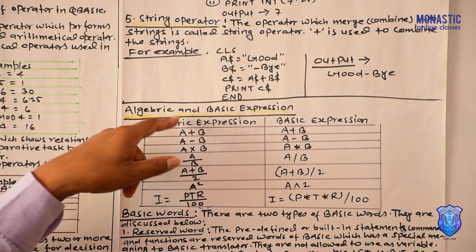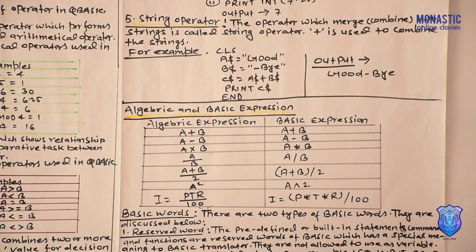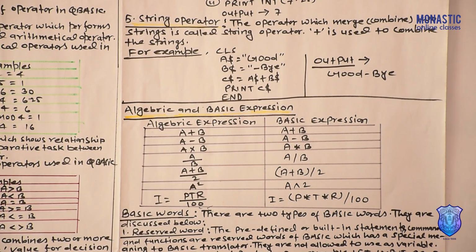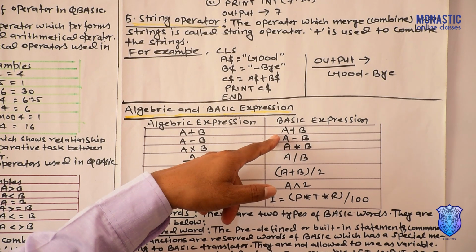The next one is algebraic and BASIC expressions. Some expressions are the same in both mathematics and BASIC, but some are different. Some operators are also used differently in QBASIC.